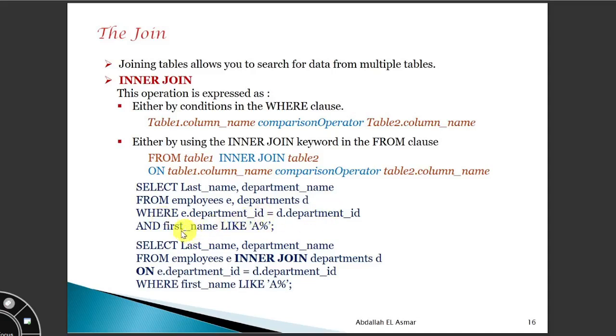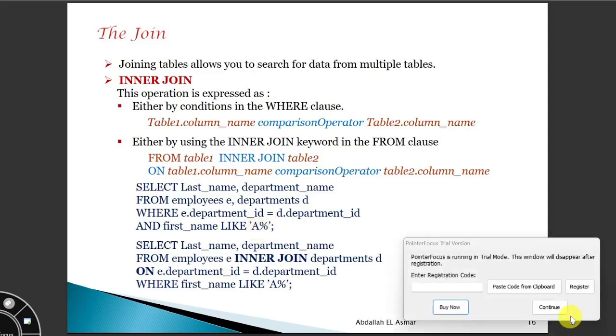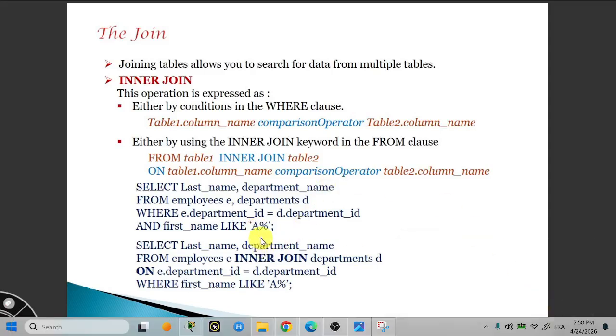And we can add: and where e dot department ID, the department ID, and first name like 'A%'. What does this mean? It means you want the first letter of all names to be capital A, and afterwards any character, I don't care.